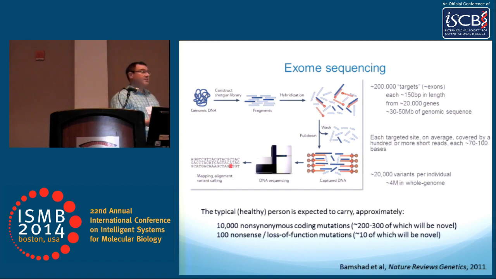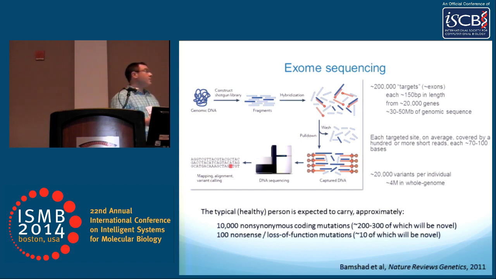Still, even just focusing on the protein coding portion of the genome, the exome, a typical healthy person still has tens of thousands of non-synonymous, meaning non-silent, variants that seemingly would impact protein function, and even 100 heterozygous nonsense mutations. And there's more recent work saying that there are even 20 loss-of-function mutations in homozygous form per person.